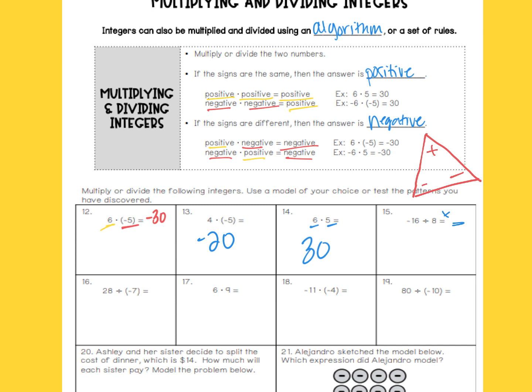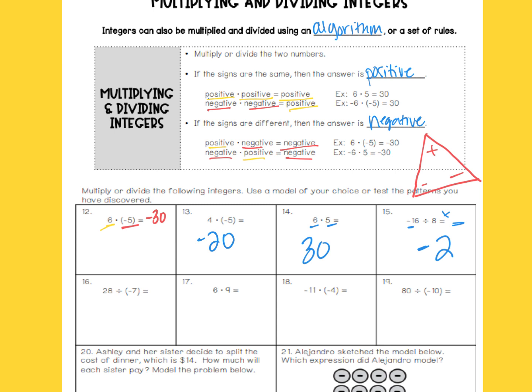And a negative divided by a positive has to be a negative. So negative 16 divided by 8 is negative 2, because negative 2 times positive 8 will equal negative 16.